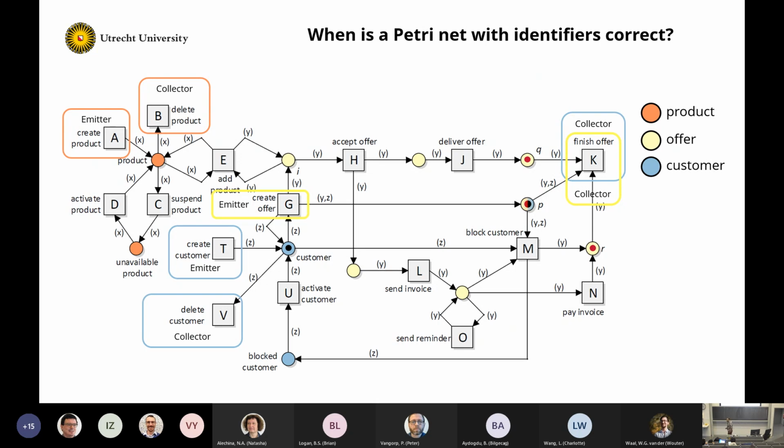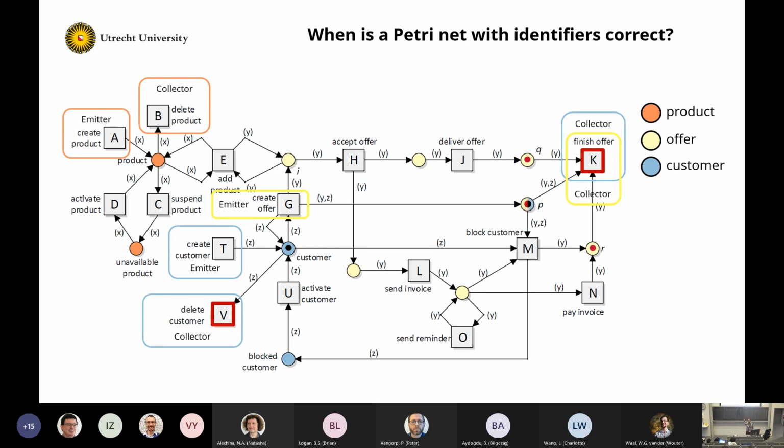Now I arrive at a kind of weird situation. Transition delete customer is enabled. If you go back, after G, this token here remains. It just puts it back. So if I now fire delete customer, transition V, I remove that token, but there's still this token being left behind.